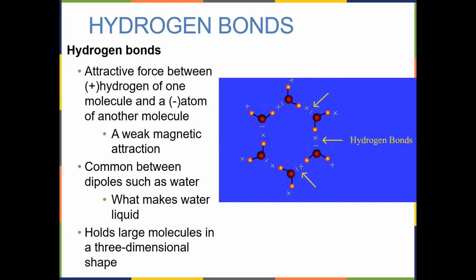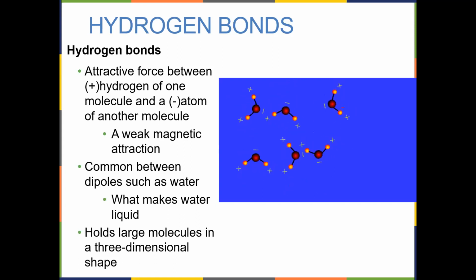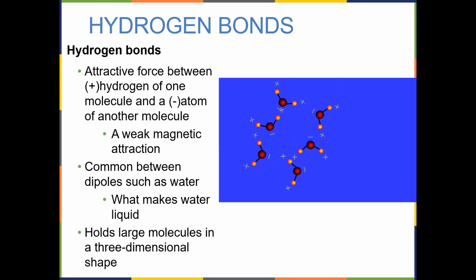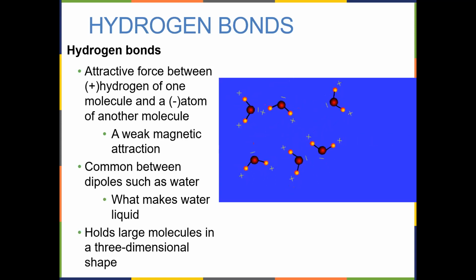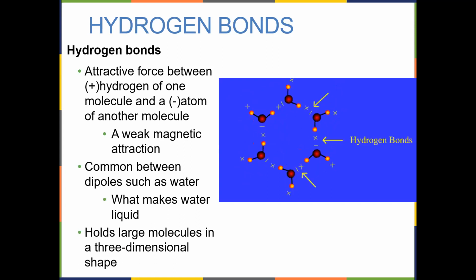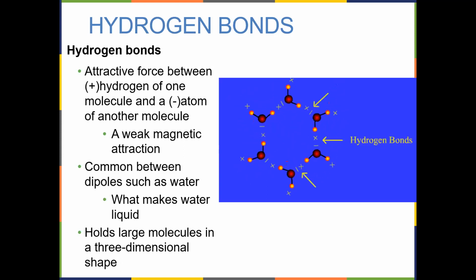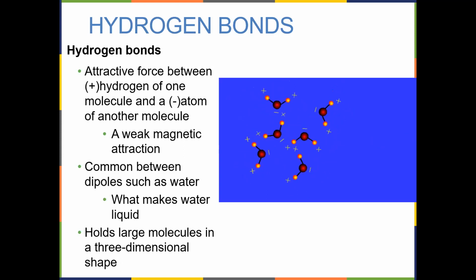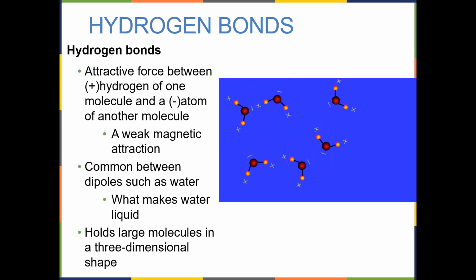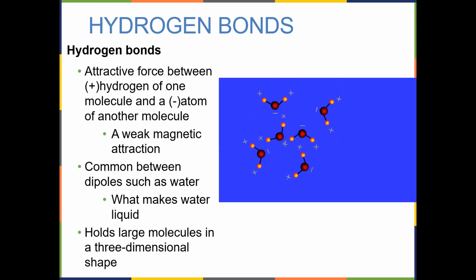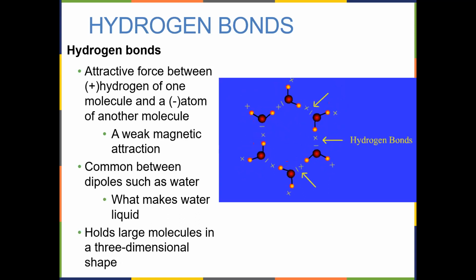One of the reasons that DNA has its shape of a double helix, like a spiral staircase, if you will, is hydrogen bonding with the various atoms in the DNA structure, which causes it to twist in its unique shape. So hydrogen bonds are a very weak attraction, and yet at the same time, a very powerful attraction.